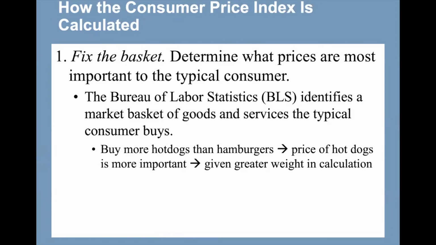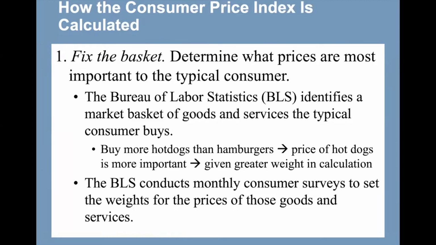So in this case, for the textbook, the author explained like this. If consumers tend to buy more hot dogs than hamburgers, then the price of hot dogs is more important than hamburgers, right? And then it will be given greater weight in the calculation.